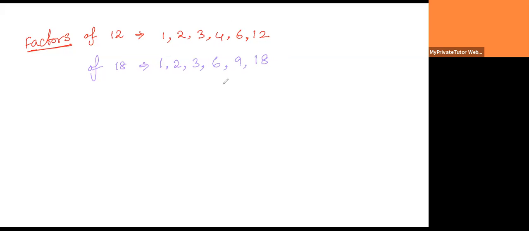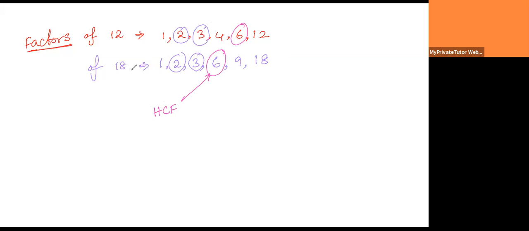But if we combine them, what is the common factor? The highest common factor is 6. We have common factors 2 and 3 as well as 6, but the highest common factor is 6.